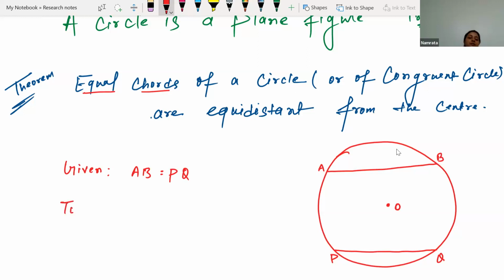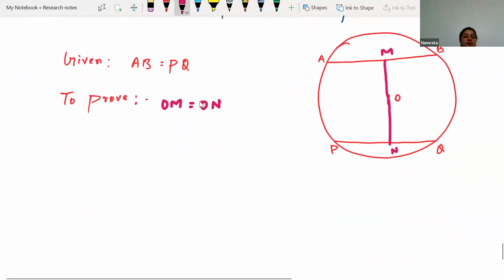We have to prove that from the center, the distance to this chord, let's say OM, and to this chord, let's say ON, are equal. OM distance and ON distance are the same. That's what we have to prove. Now you must be thinking, whenever I talk about the distance, why am I taking distance this way? For that, let me explain something.